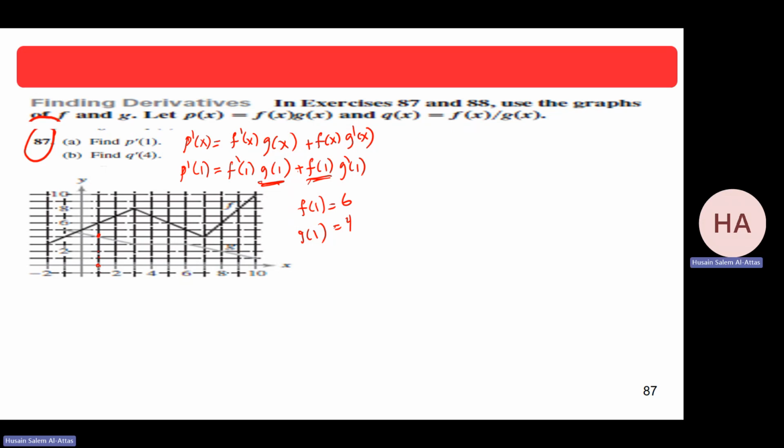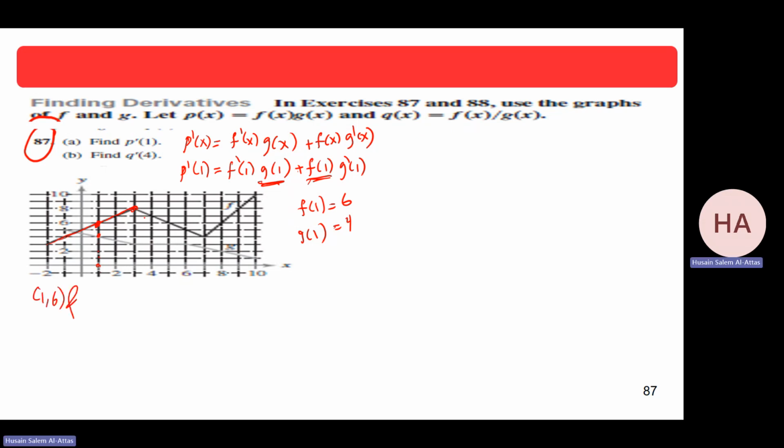Okay. Let me do f prime at 1. To do f prime at 1, I notice this is the x-axis, this is 1, this is f. So I have this point, which is 1 and 6. I try to find another point on this line, because I need the tangent, or the slope of this line.